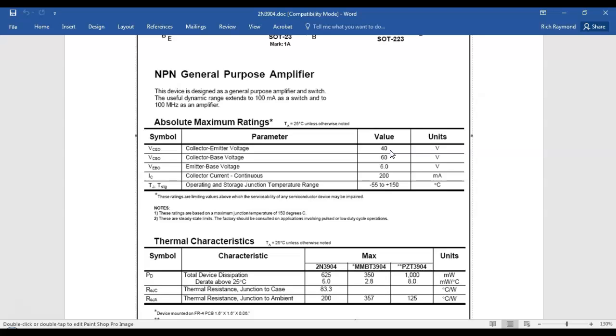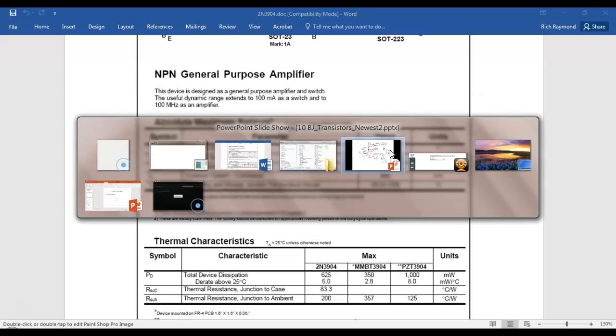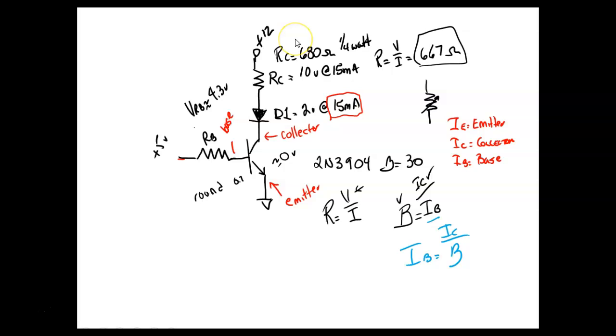How many volts do we have? We've got 12 volts, so the 3904 is great. That's one measurement we're very concerned with: the breakover voltage, how much this device can block when you turn it off, especially with a saturated switch.